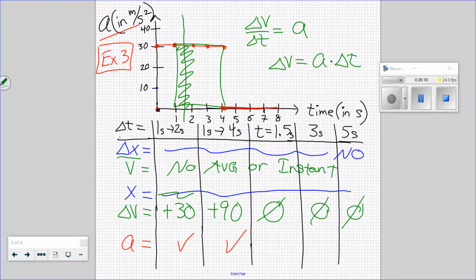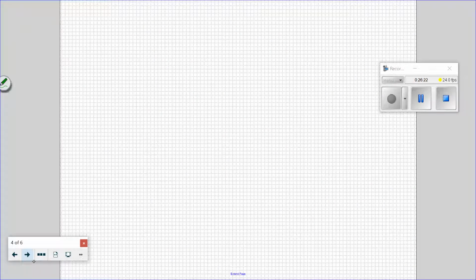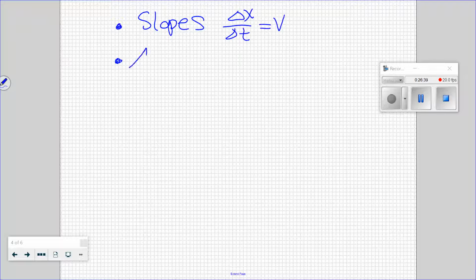So when you read physics graphs, there's just three things. We're reading slopes, which is like delta x over delta t equals v. You can get areas, which is delta x equals average velocity times time. I should probably make that average also.